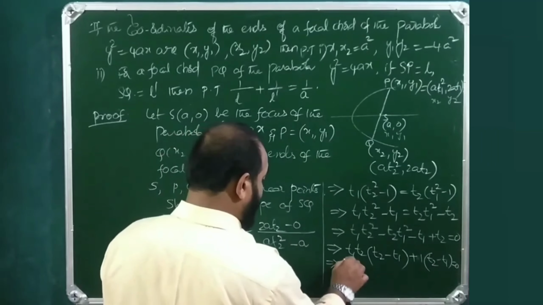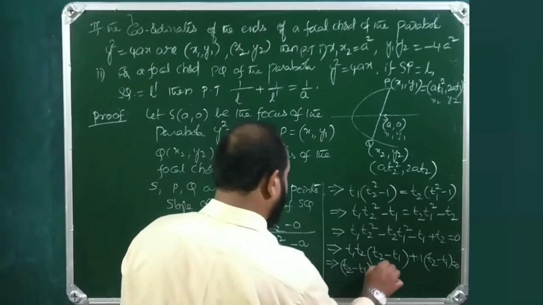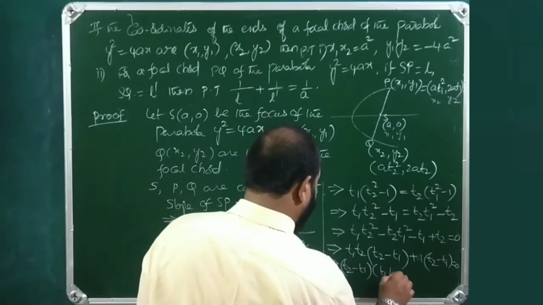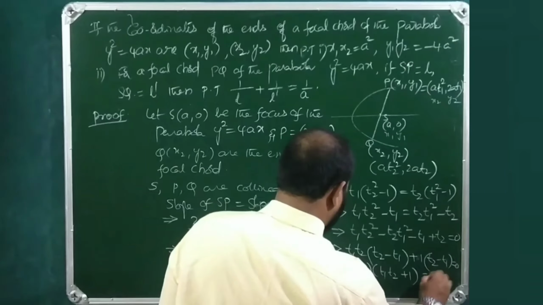So take (t2 minus t1) common, then we get t1 t2 plus 1 equals 0.